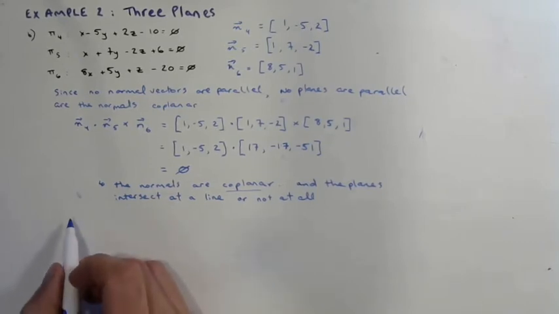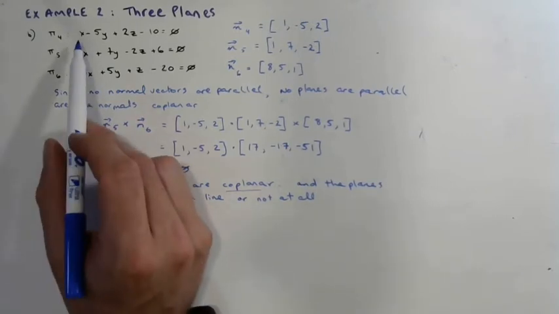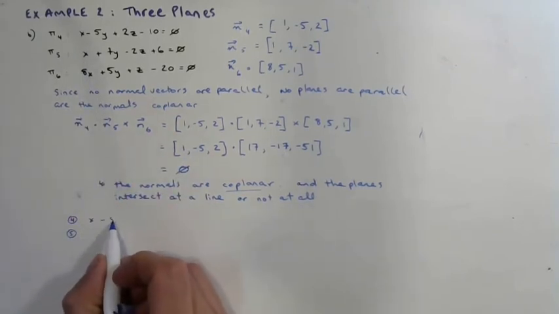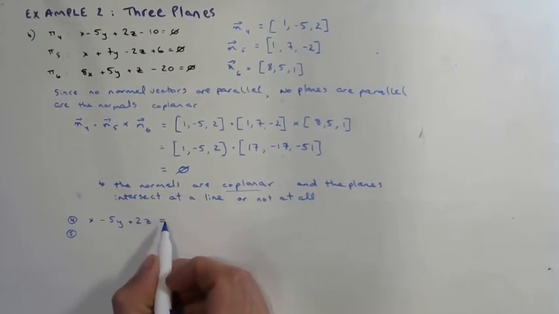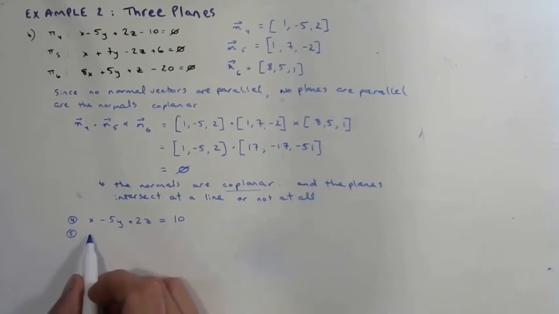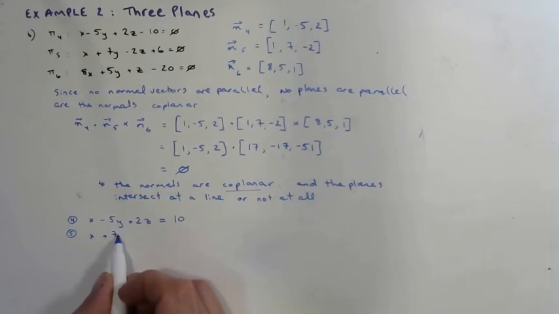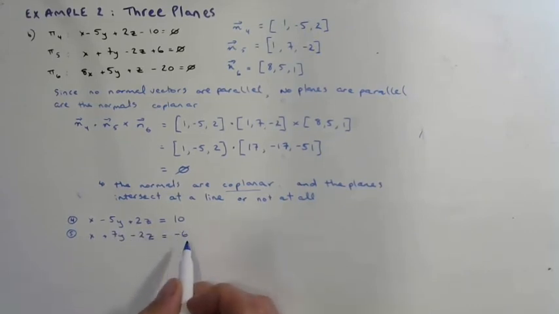So here we go. We're going to take equation 4 and equation 5. And I notice right away that their x's are both 1, so I'm going to be eliminating x this time around. So I have x minus 5y plus 2z, and I'm going to go ahead and put my constant on the other side, add 10 to both sides. 5 is x plus 7y minus 2z equals negative 6.